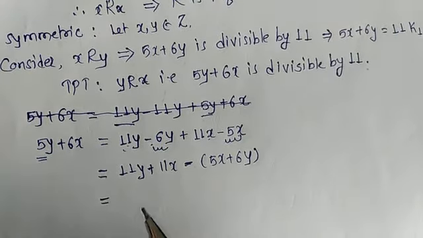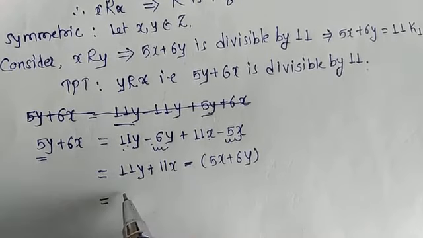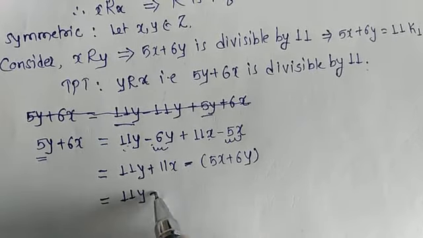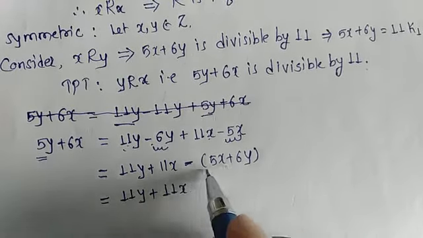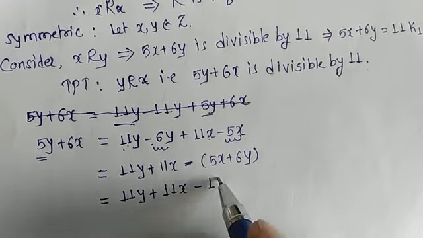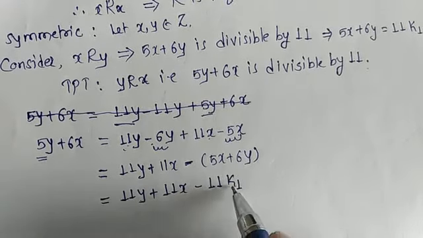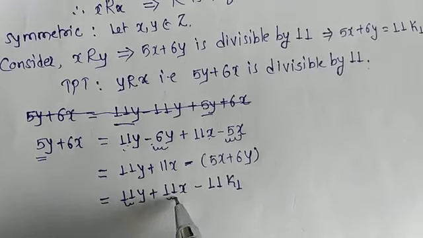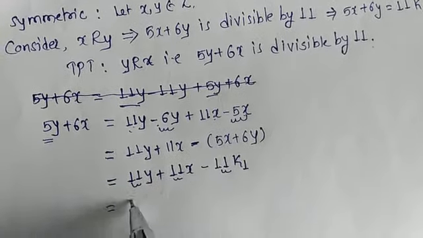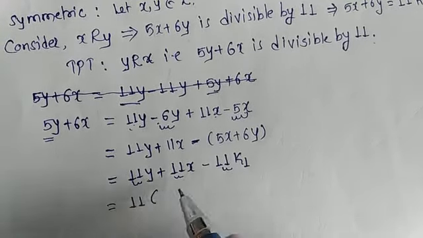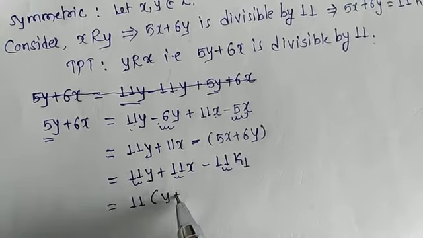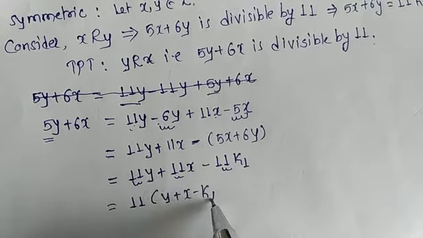So this is equal to 11y plus 11x minus 11k1. In each term 11 is present, so it can be taken out as a common term: 11 into bracket y plus x minus k1.